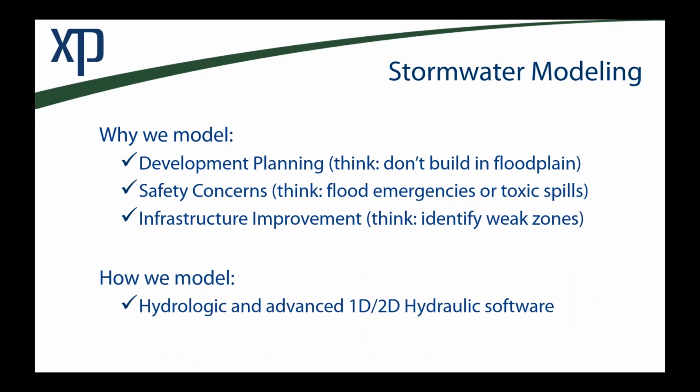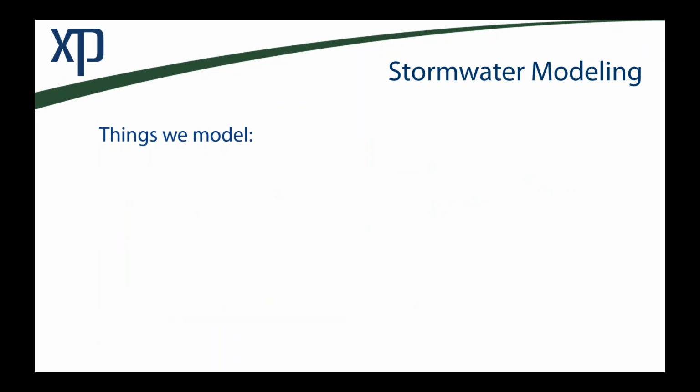So how do we go about this really is important. We need to have advanced hydrologic and 1D, 2D dynamic hydraulic software. So all of that together is how we're going to achieve these kind of studies, these kind of models. So things that we model, similar, I guess, to the design world, pipe networks, though we're talking about just a different scale, perhaps.